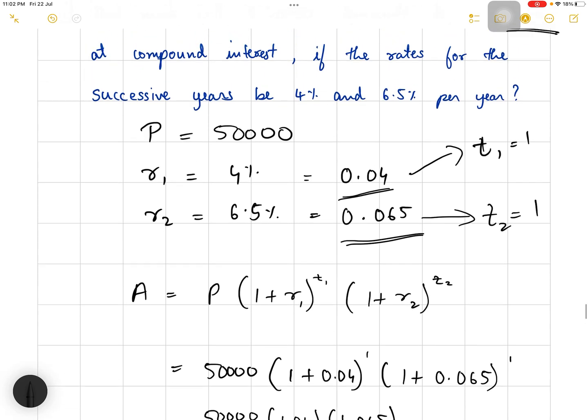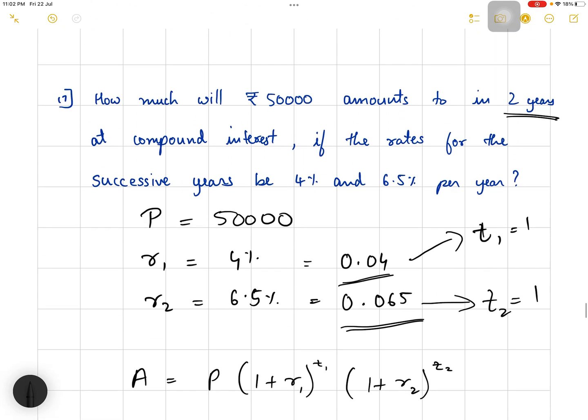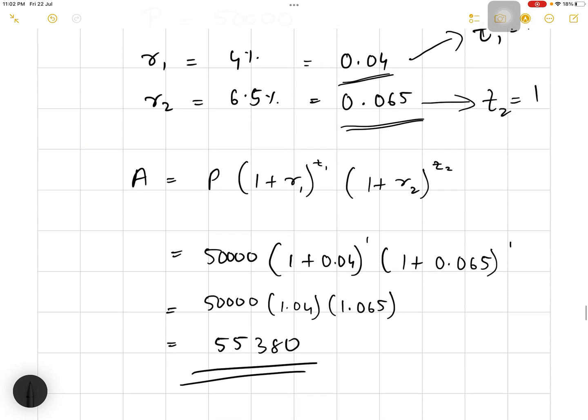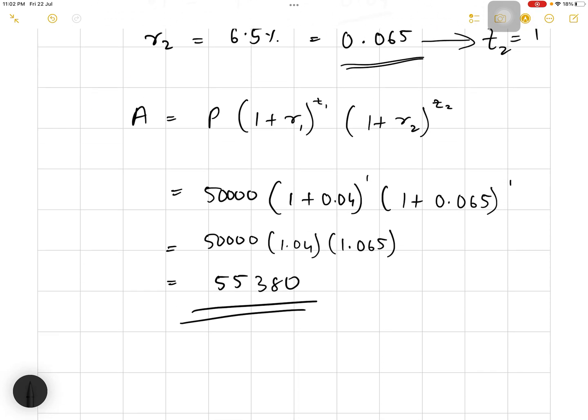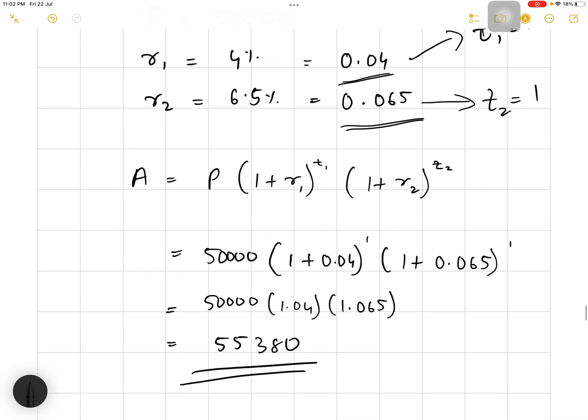So the amount is 55,380. How much will 50,000 amount to in 2 years? The amount is asked and we have calculated it.